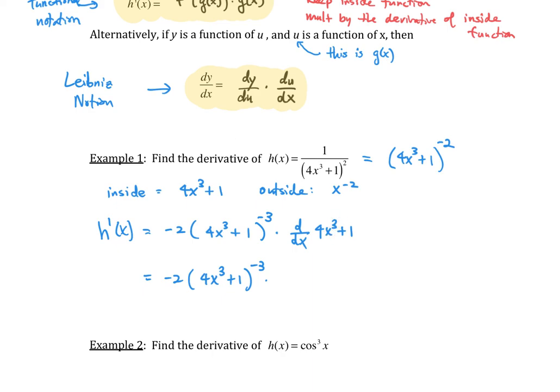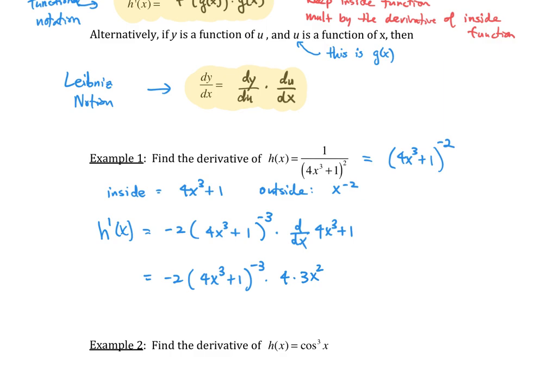So according to the constant multiple rule, the 4 just stays there. And then according to the power rule, I'm going to bring the power down, so the 3 comes down, and then subtract 1 from the exponent. So that's going to be a 2 there. And the derivative of 1 is going to be 0, right?